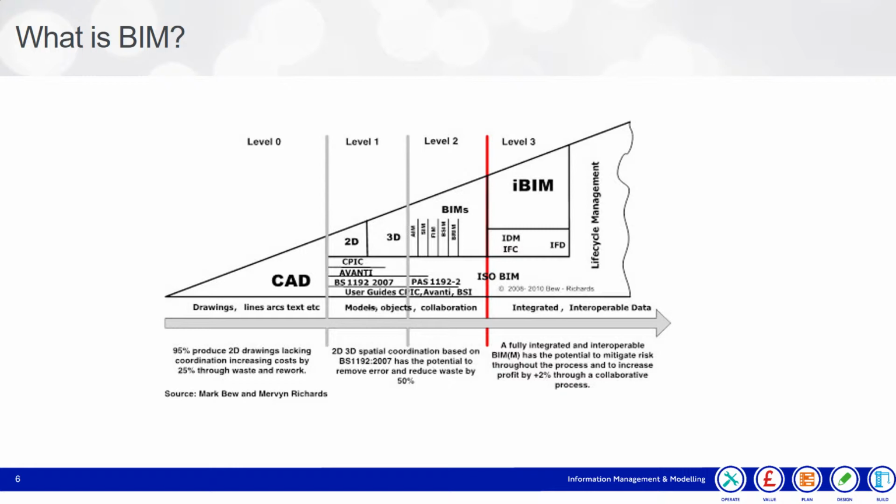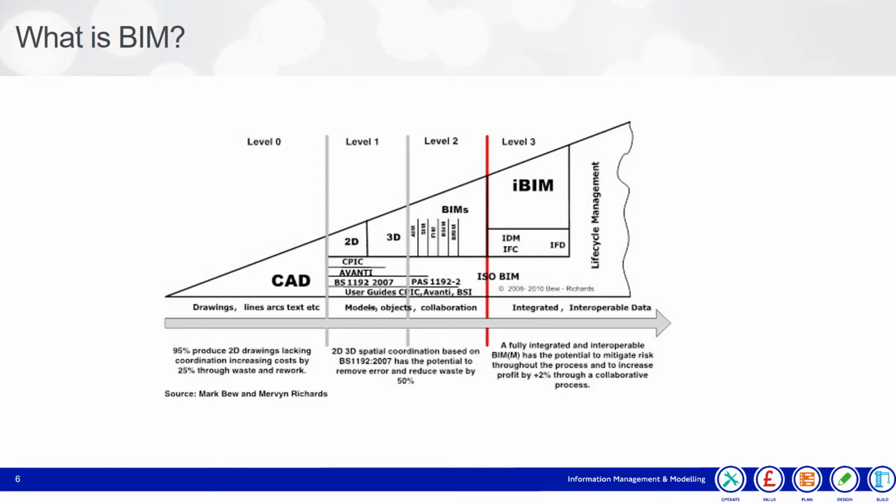The client clearly defines what information they require and when via the Employer's Information Requirements, or EIR, and everyone is working to the standards included in PAS 1192 Part 2 and 3. In addition, teams are working and exchanging information in a common data environment.